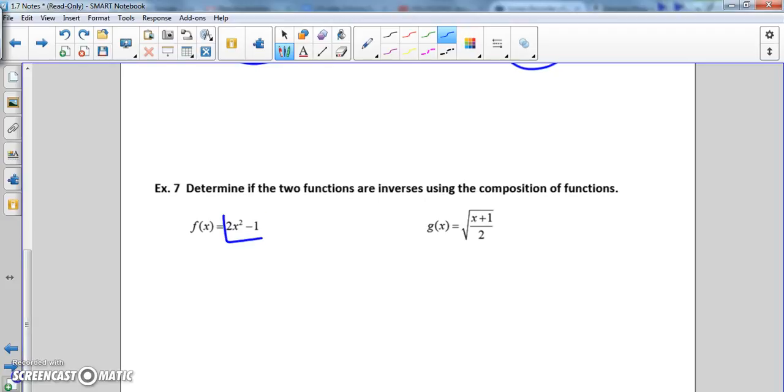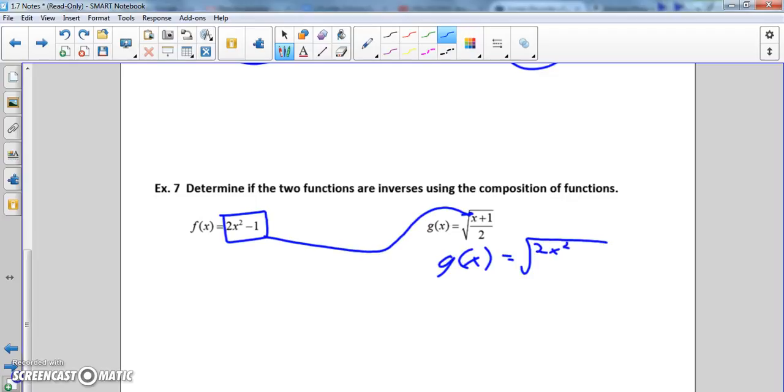We're going to take 2x squared minus 1 and plug it in right there for x. So g of x equals the square root of (2x squared minus 1 plus 1) over 2.